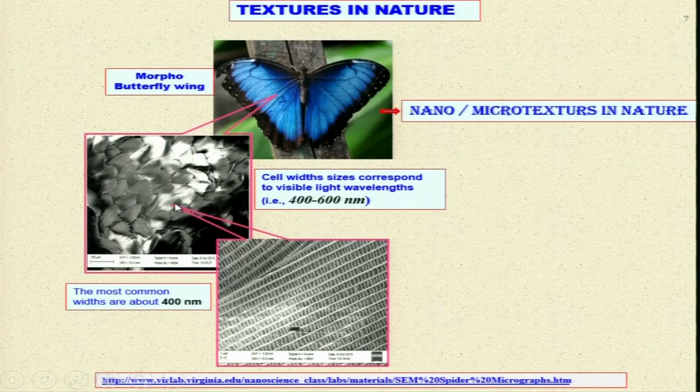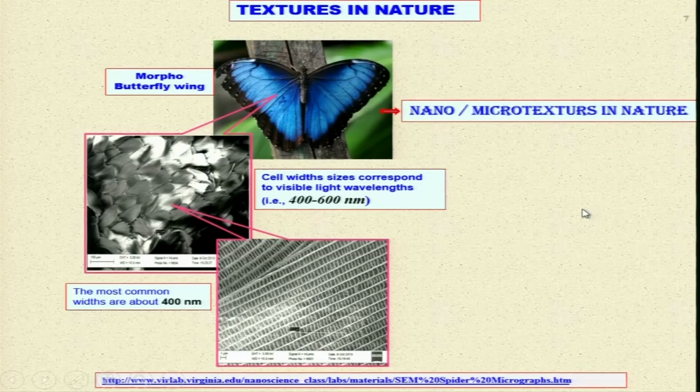If you further magnify one particular small part of this wing, you will see this kind of texture. The most common bits are about 400 nanometer, so it is much smaller than 1 micrometer itself. So you can see here nano microtexture in nature.